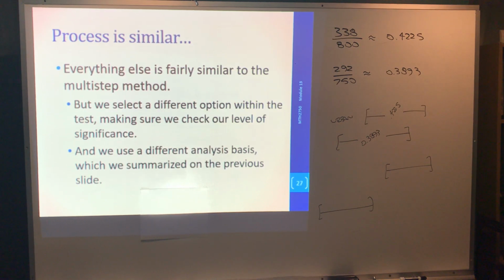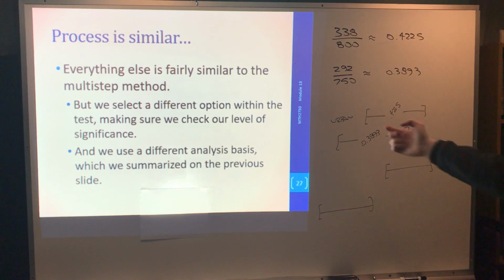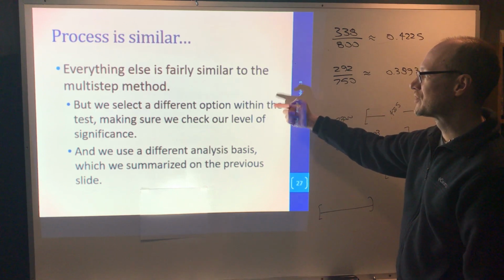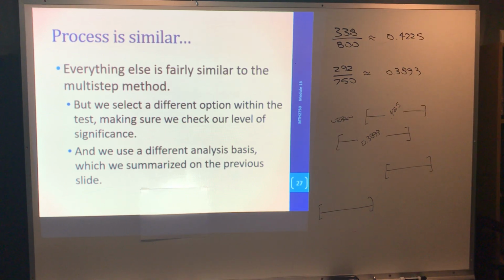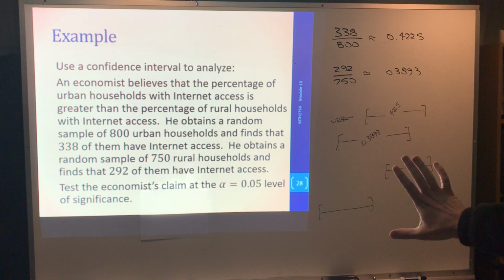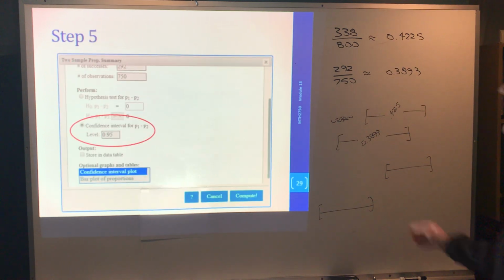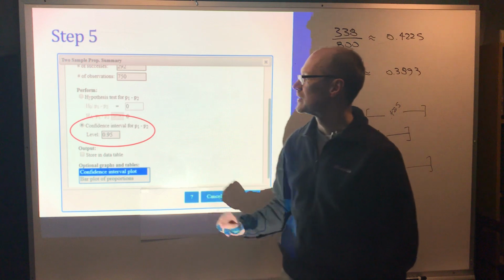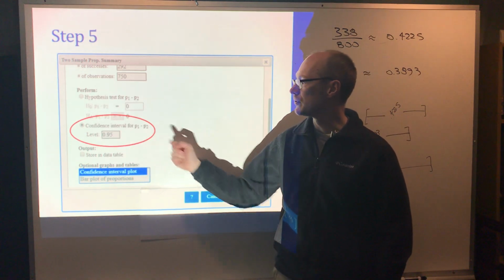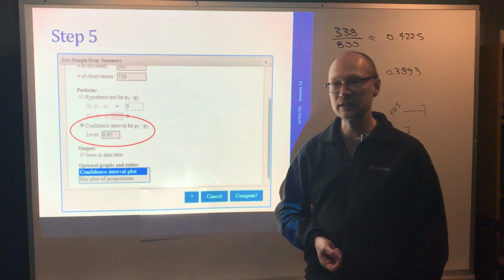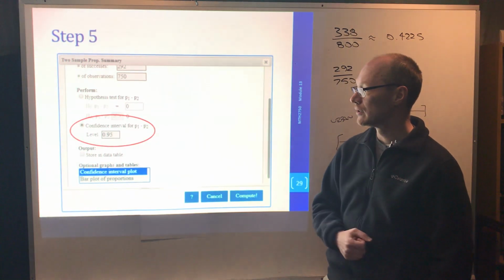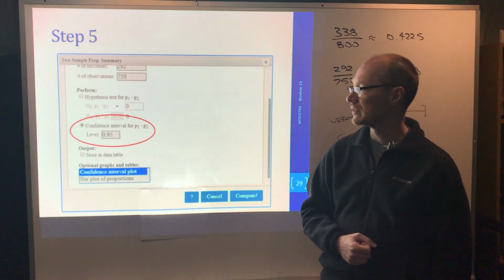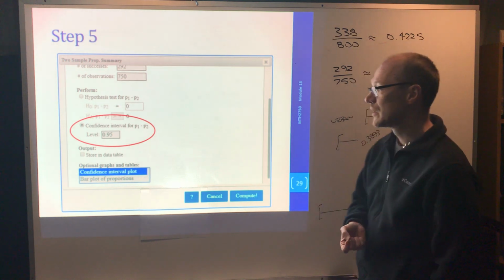Everything in that multi-step method is the same, but we're just going to select a different option within the test, making sure we check our level of significance. So, our previous example, steps 1, 2, 3, 4 are the same, but step 5, instead of clicking hypothesis test, I just click confidence interval for the difference. And my level of significance is whatever my alpha is. My alpha is 5%, and the level of the confidence interval is going to be 0.95.